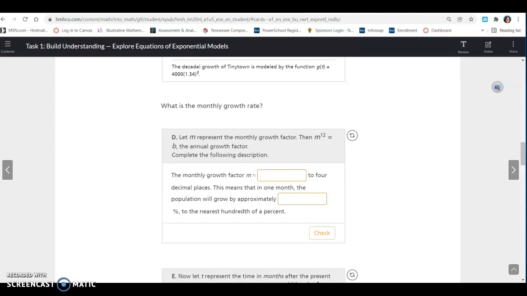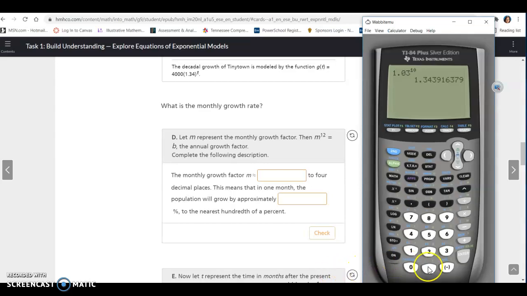So thinking about going backwards, we have that 3%, and we're going to take 3% and divide that up by 12 months. It's going to be 0.0025.